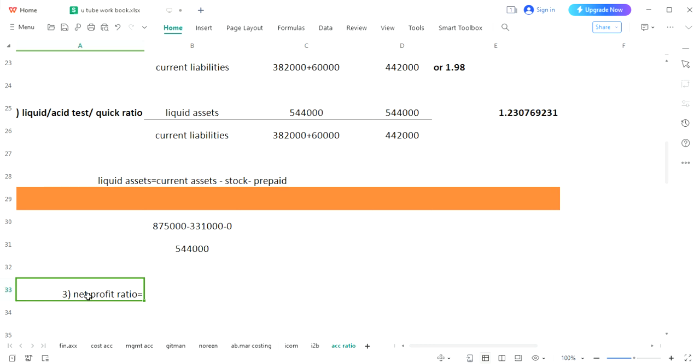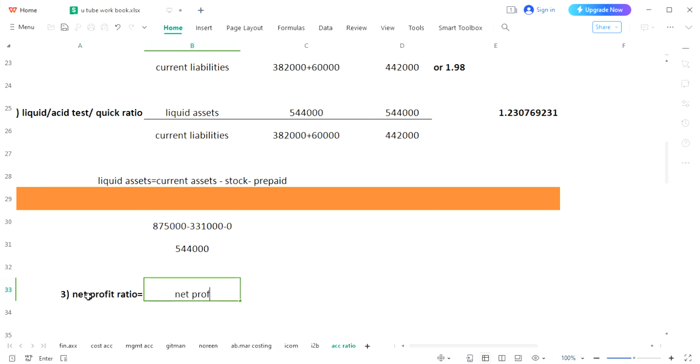And I'm sure that you remember the formula. We need net profit after tax, or net profit is enough to be written, but better to write the full name, net profit after tax, and then you need to write net sales.